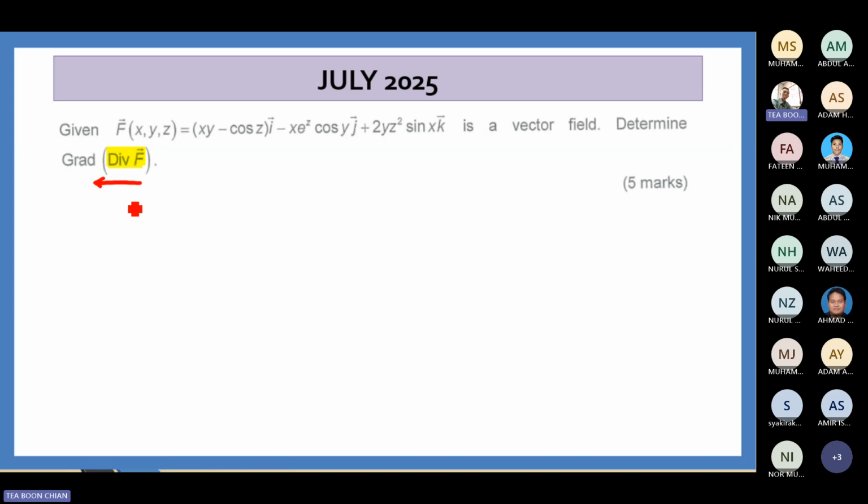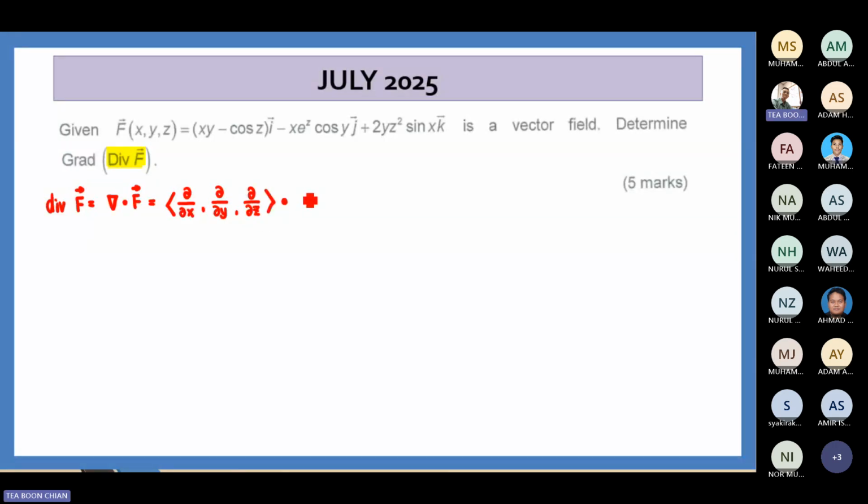Since the first computation is divergence, divergence tells us to take the dot product. Sorry, should be del dot first. Okay, again, div f is actually del dot vector f. The del here is the vector: differentiate with respect to x, differentiate with respect to y, differentiate with respect to z.